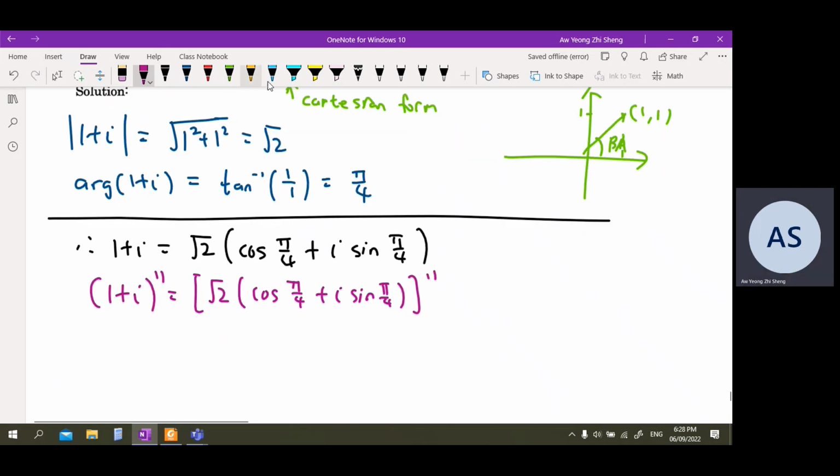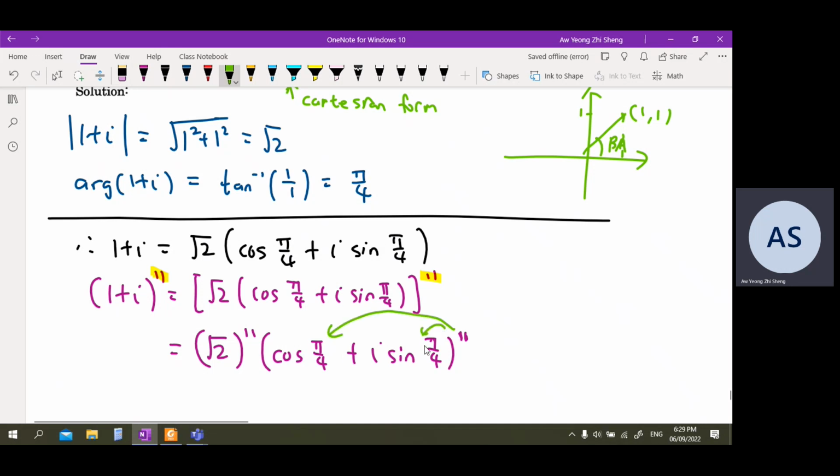I mean power 11 also on the left. So I'm taking power 11 on both sides. Therefore, this becomes surd of 2 to the power of 11, and cos pi over 4 plus I sine pi over 4 power 11. We know when we have cos theta plus I sine theta to the power n, that power n can be distributed into the angle straight away.